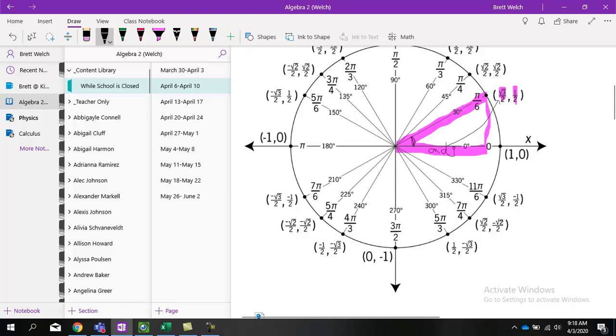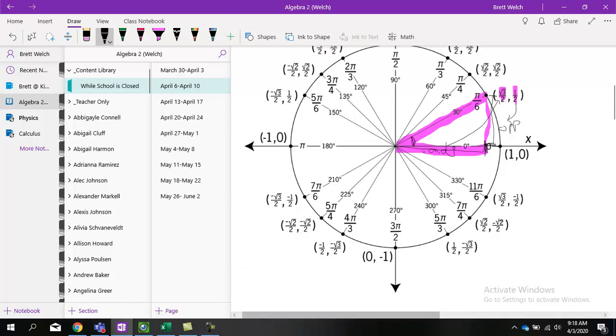In other words, how far over we are, our x-coordinate, is the adjacent side. We also learned that the height of our triangle, the vertical piece, which is the y value, would be the opposite side.